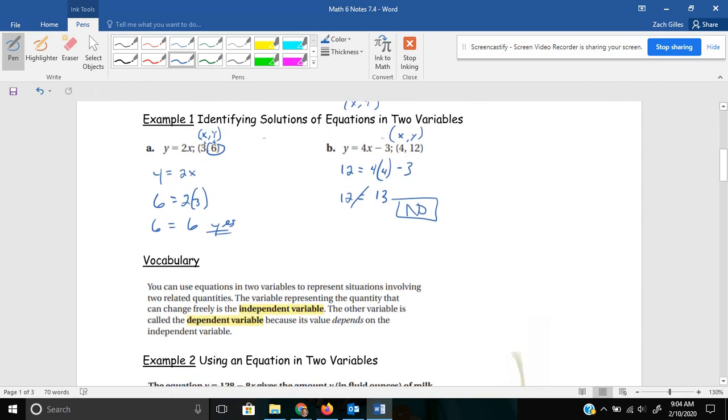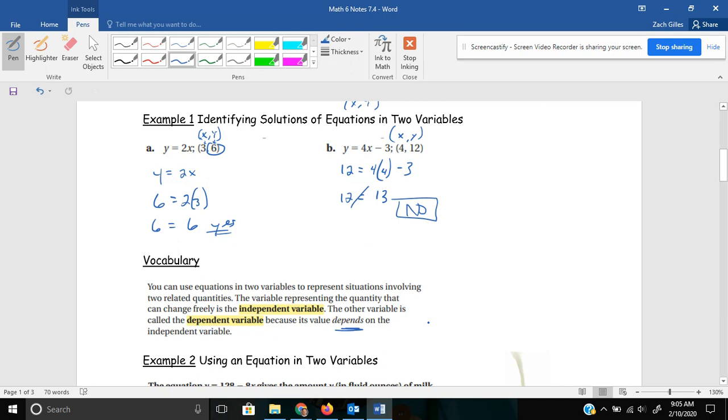A little bit more vocab here. You can use equations in two variables to represent situations involving two related quantities. Like I was saying before, take a real life event that you have two unknowns. The variable representing the quantity that can change freely is called the independent variable. And the other variable is called the dependent because its value depends on the independent variable.